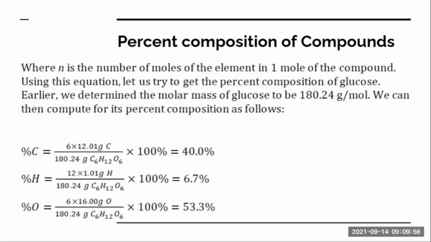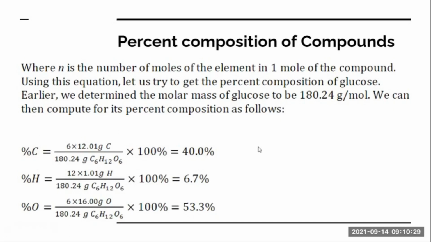So in this example, our glucose, which is C6H12O6, as we've solved earlier, the molar mass is 180.24. We just find the percent carbon, so you have 6 atoms of carbon, so 12.01 grams molar mass for carbon, okay, and then 180.24 molar mass for the glucose.